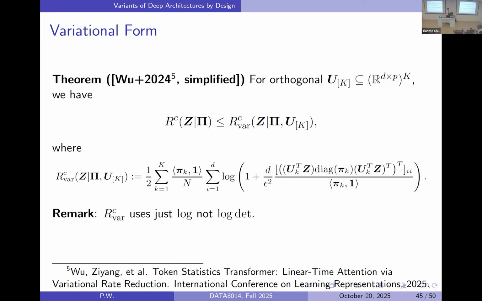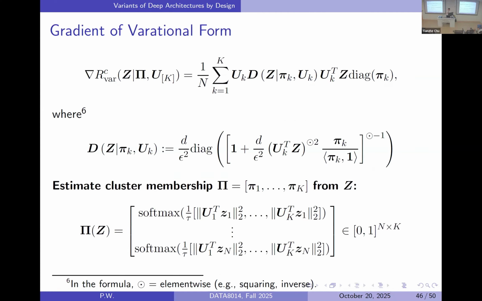Based on this variational form, we can use the same approach as we derived for CRATE. We can first compute the gradient of the variational form. It's much more complicated compared to the original CRATE updates.